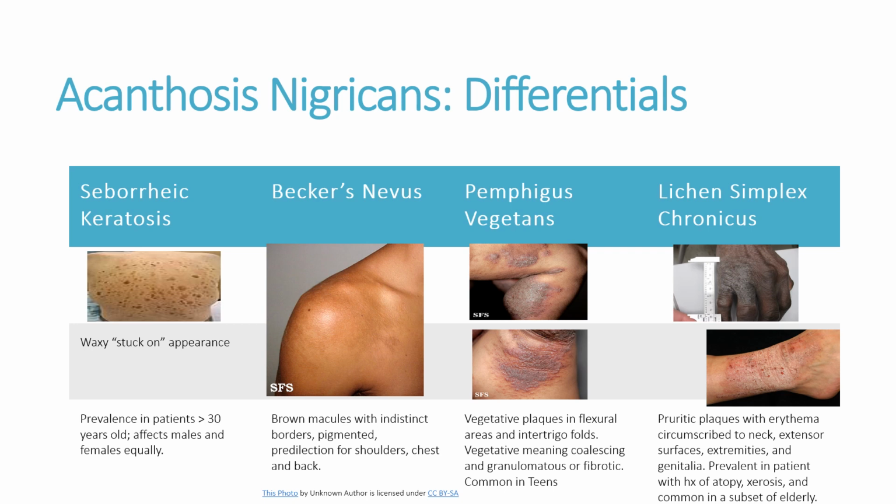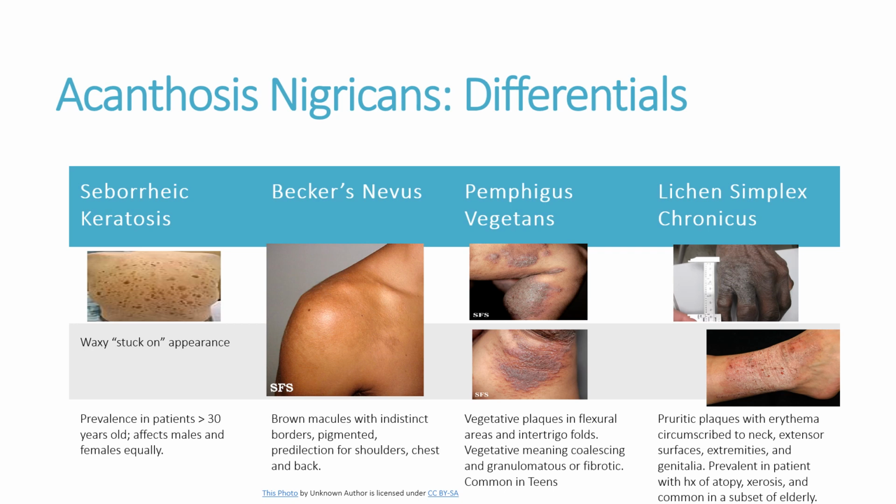Acanthosis Nigricans differentials. Differentials to consider with Acanthosis nigricans include the following. Seborrheic keratosis has a waxy stuck-on appearance. It is prevalent in patients greater than 30 years old. It affects males and females equally.